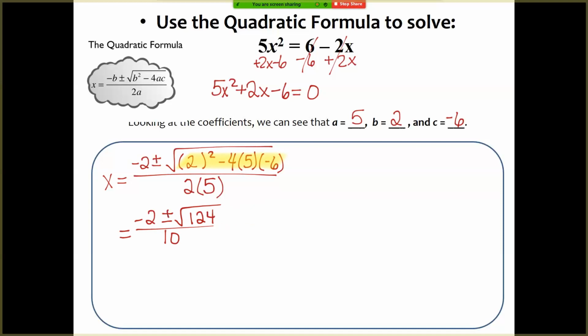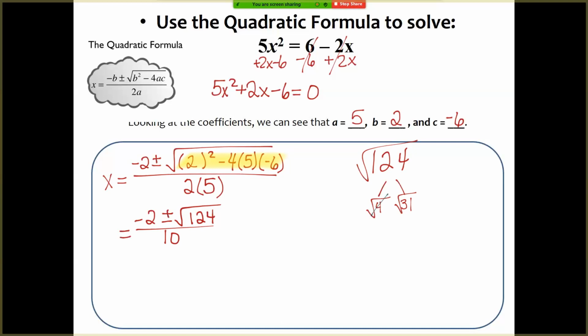Once I get here, I know that 124 is not a perfect square, so I'm going to break it up into two numbers that multiply to give me 124, and I want one of them to be a perfect square. So 4 times 31 is 124, so I know the square root of 4 times the square root of 31 is equal to the square root of 124.